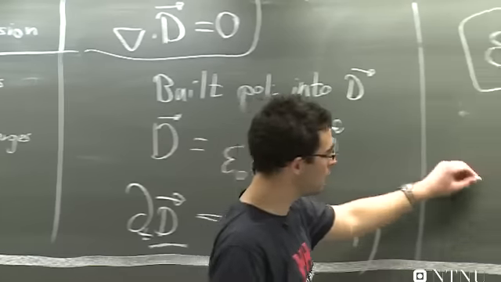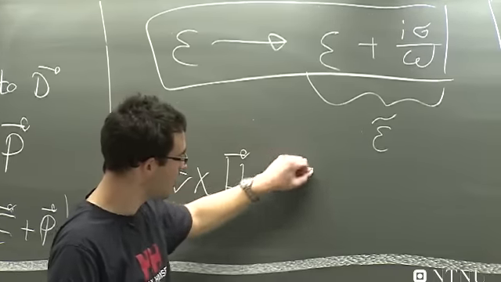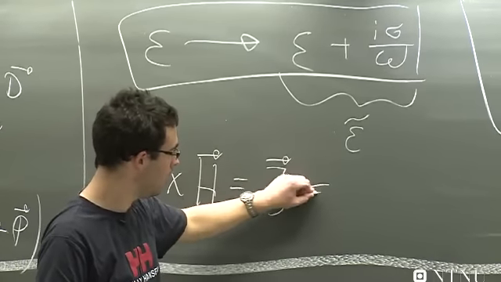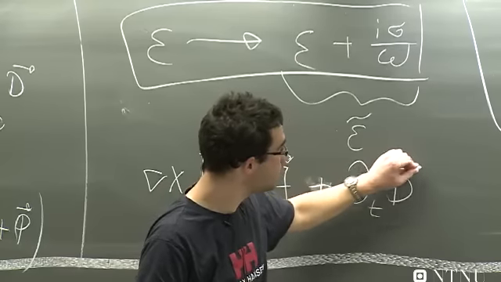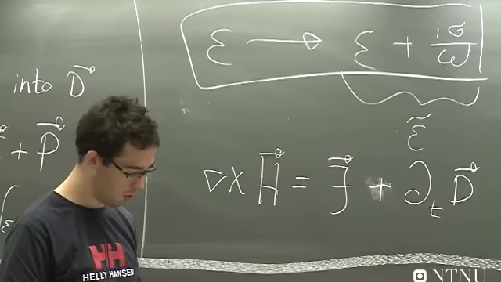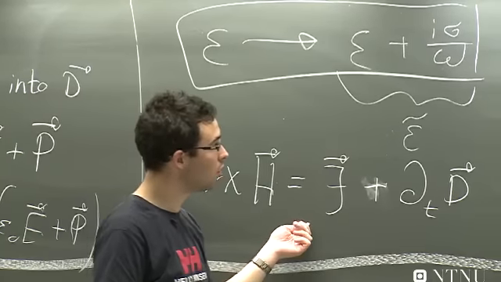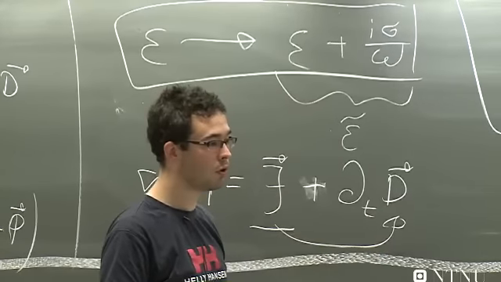Yeah, so we start out with Ampere's law. And then we have the current, right? And the time derivative of the D field. Okay? So what I'm doing here is essentially putting this into here.